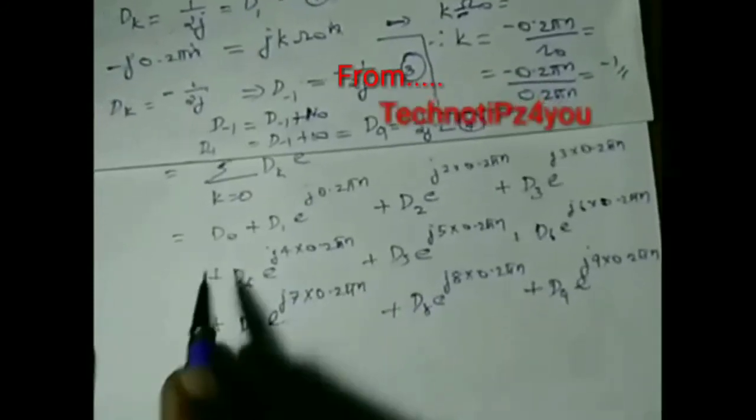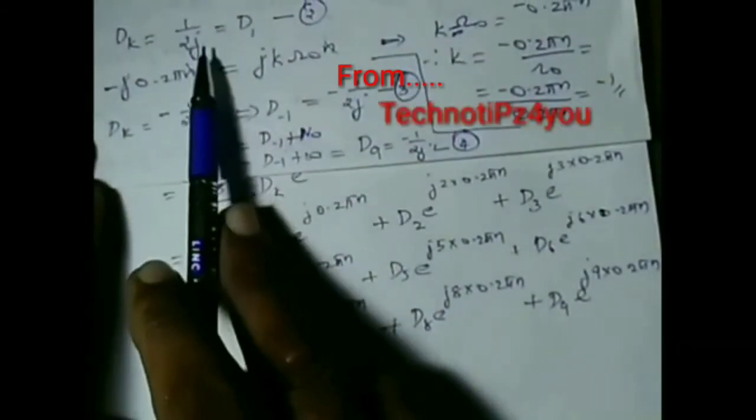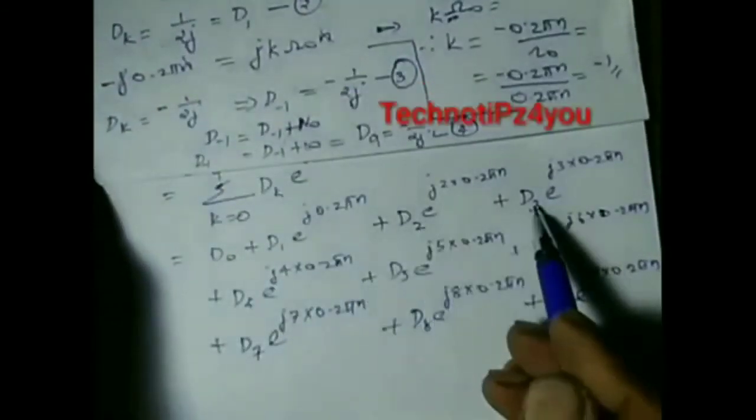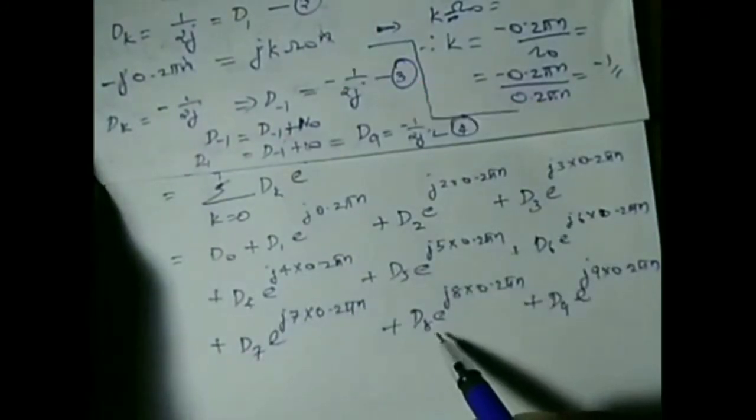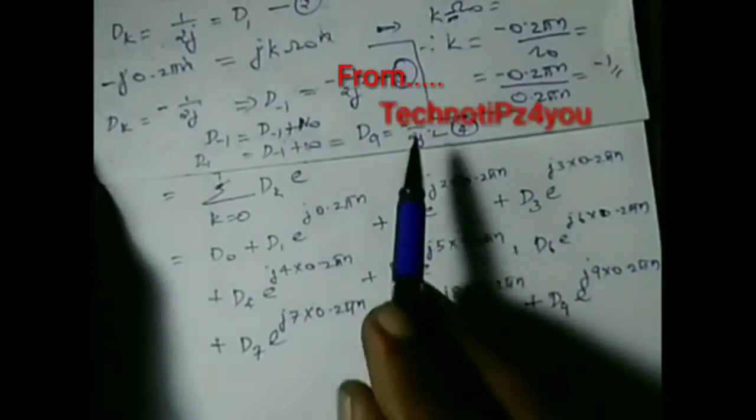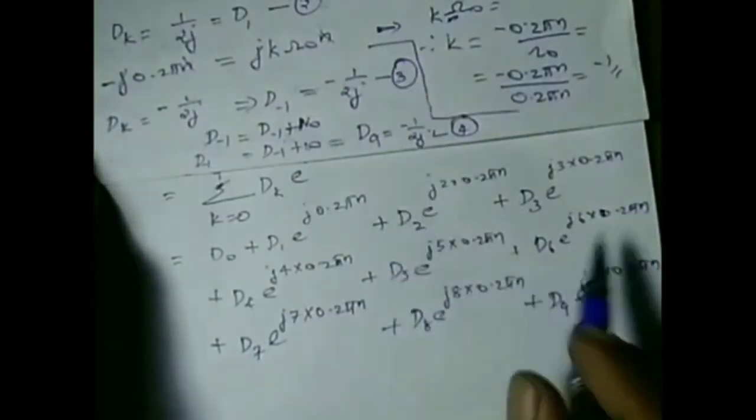That means d0 equal to 0, d1 equal to 1 divided by 2j, then d2 equal to 0, d3 0, d4 0, d5 0, d6 0, d7 0, d8 0, and d9 is equal to minus 1 by 2j.